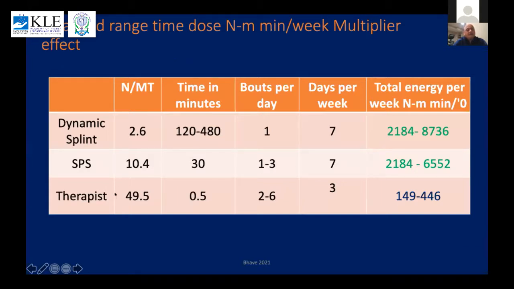While a therapist who pushes at 50 Newton meters can only produce this much energy, only 150 to 500, because it's only used for a shorter period of time. So the energy delivered to the tissue matters, and that's how we remodel the soft tissue, and that's why it's important to achieve that.